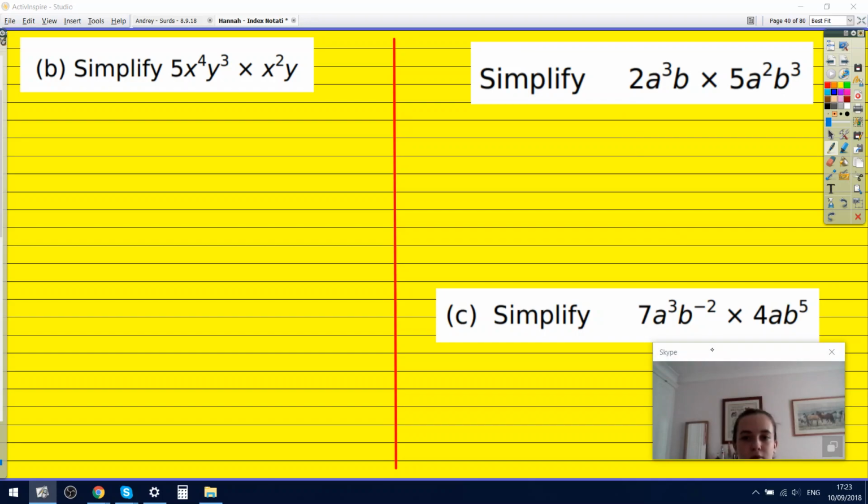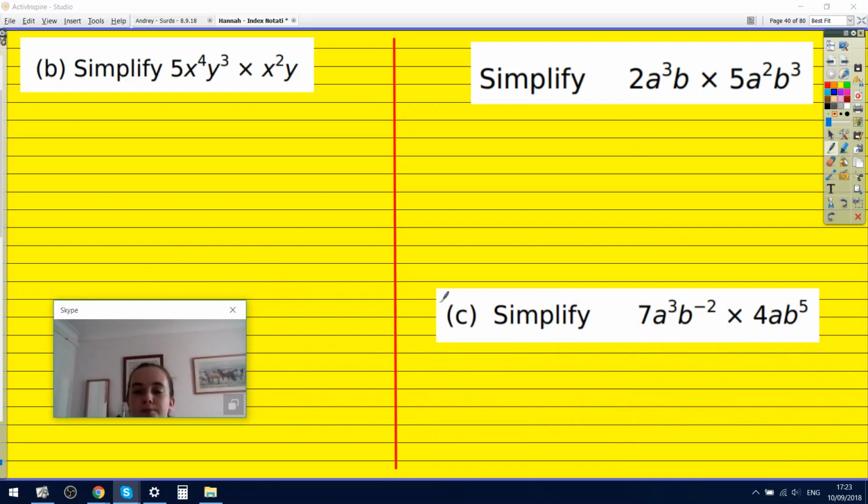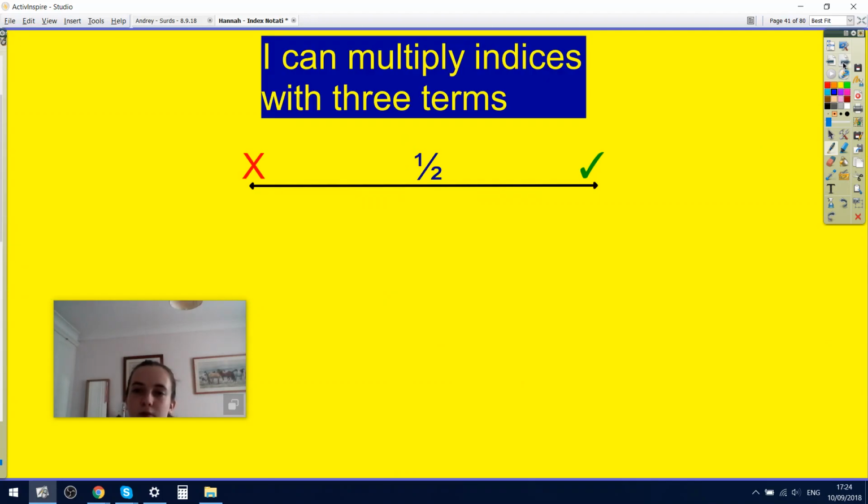Let's try bottom right. 28 a to the 4, b to the 3. Well done. First shot. I can multiply indices with 3 terms. Tick.